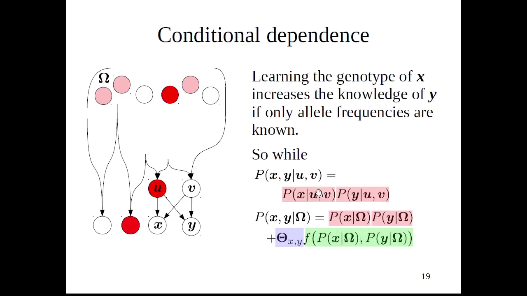But of course, we're not conditioning on the parental genotypes. Typically, we're conditioning on ancestral allele frequencies. And when you condition on ancestral allele frequencies, X and Y are not independent.